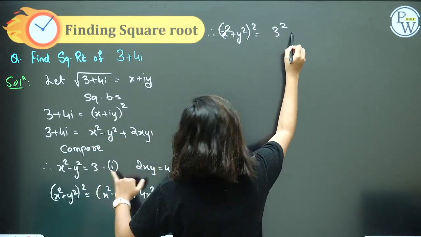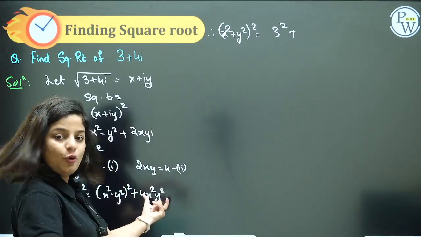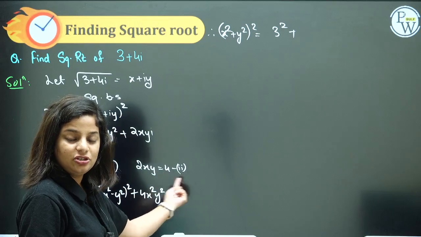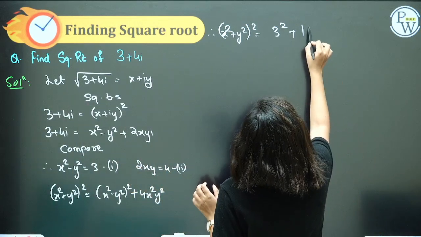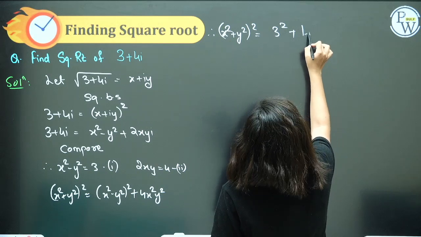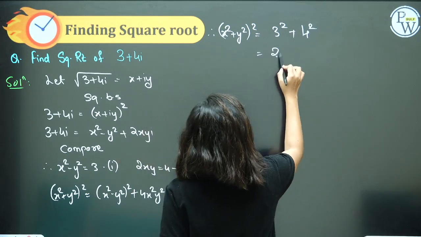So 3 square plus, we want 4x square y square. Square equation 2. When you square equation 2, you will get 4x square y square equal to 16. 3 square 9, 4 square 16, that's equal to 25.